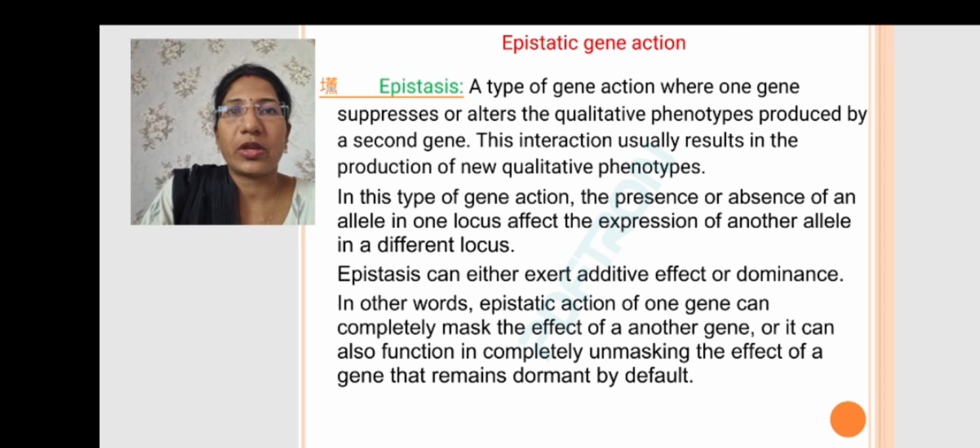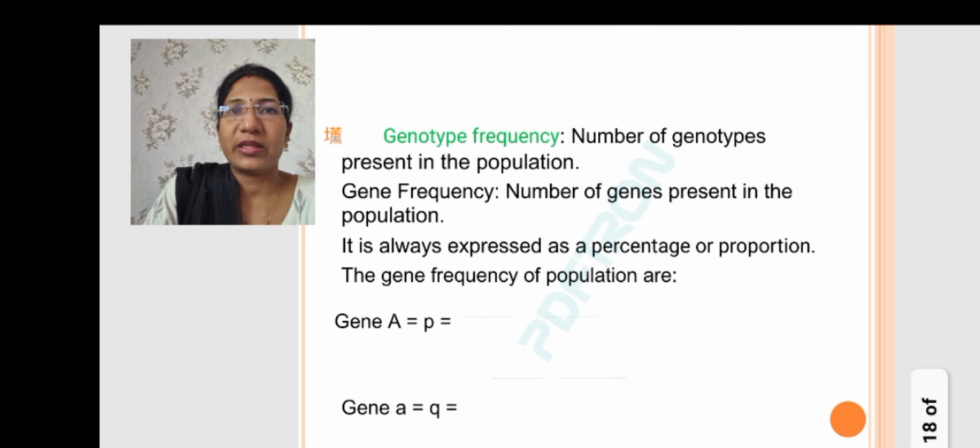In other words, epistatic action of a gene can completely mask the effect of another gene, or it can also function in unmasking the effect of a gene that remains dormant by default.